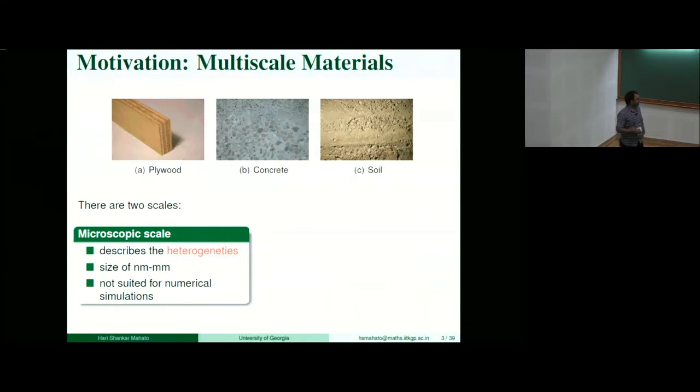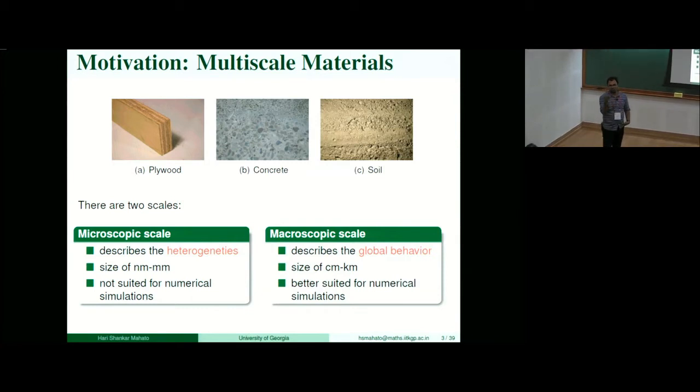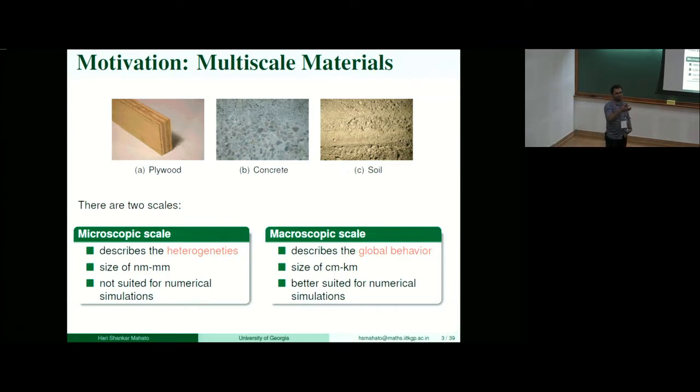It's not feasible. Therefore, you need the macroscopic description, where you can describe the global behavior, sometimes also called the average behavior of the medium. The size could vary from centimeter to kilometer, and since you have removed all the heterogeneities, it is very good for conducting numerical simulations.